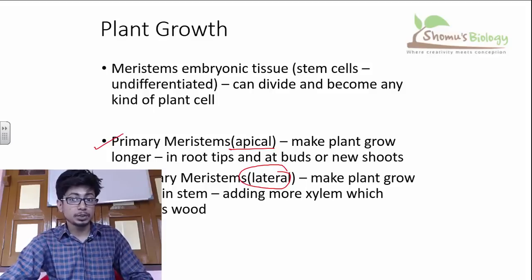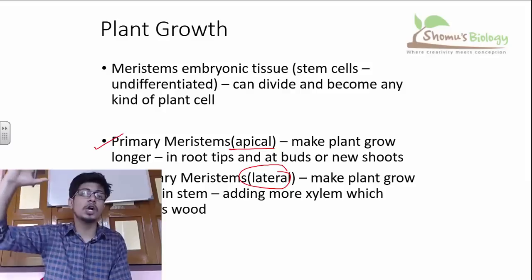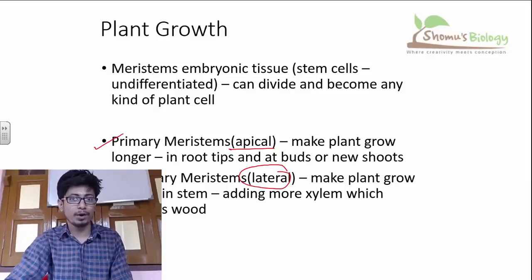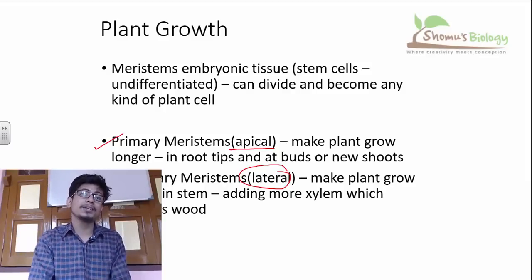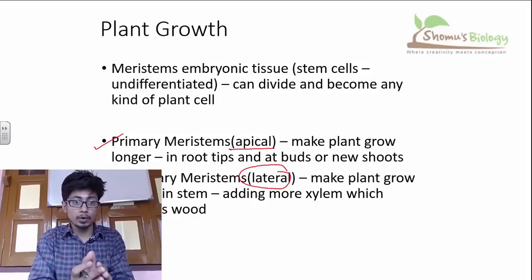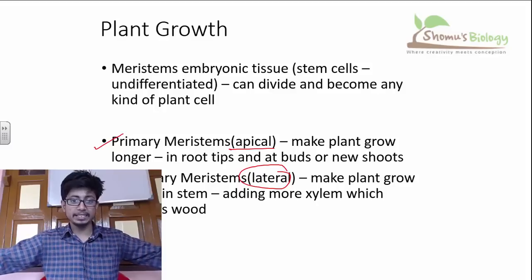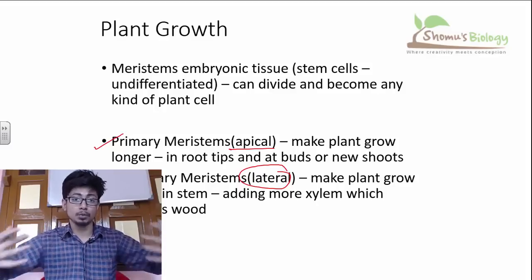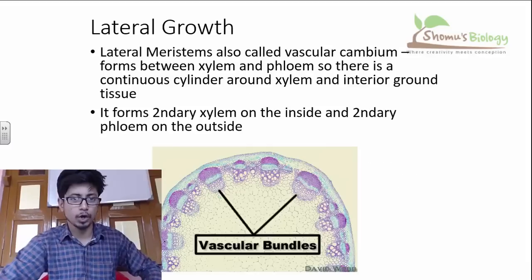Primary meristematic tissues make plants grow longer, taller and taller, like the redwoods and pine forest trees. They are present in the root tips and obviously in the shoot tips. While the secondary meristem makes a plant grow wide, like the width of the stem, and they add more xylem, which becomes wood. They add more and more xylem together to make the wood much stronger.